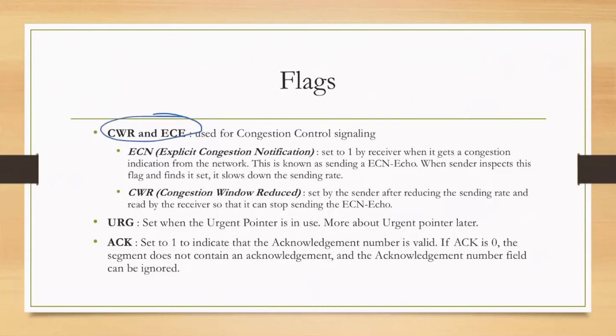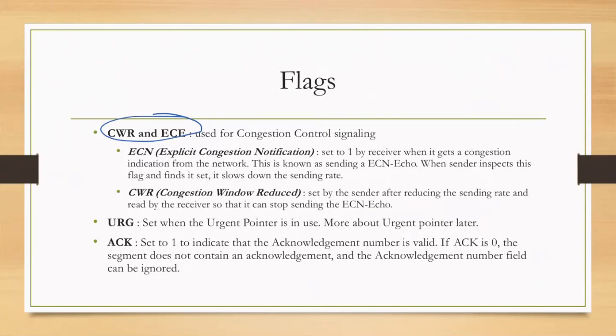Please recall from my congestion control lecture that whenever the receiver finds that packets are dropping, that it is receiving packets out of order, meaning some packets it has not received, it will understand that there might be congestion. So it will request the sender to slow down sending of data.